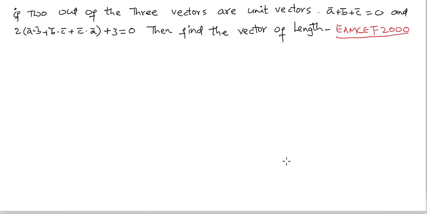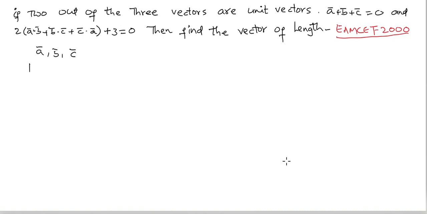If two out of three vectors are unit vectors, a bar plus b bar plus c bar is equal to 0, and 2 into (a bar dot b bar plus b bar dot c bar plus c bar dot a bar) plus 3 is equal to 0, then find the length of the third vector. This is an MHT-CET 2000 question. Here two out of three vectors are unit vectors. Let the vectors be a bar, b bar, c bar.